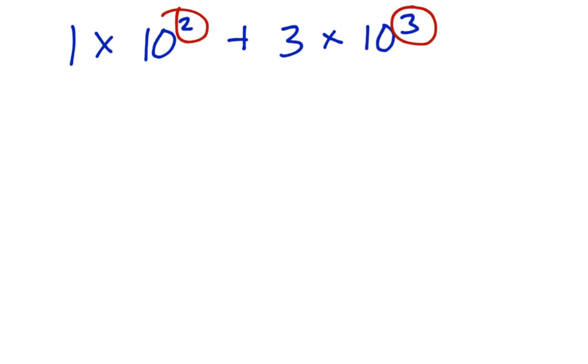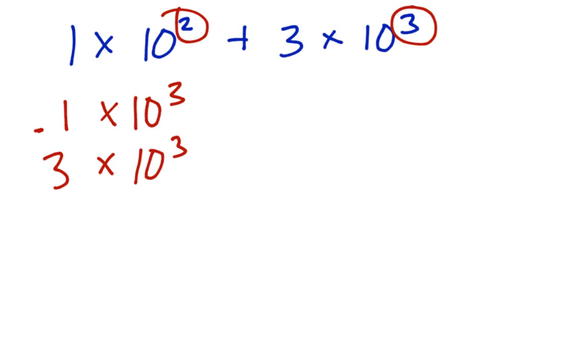So instead of having 1 times 10 to the second, we're going to express this as something times 10 to the third. Now the rule is if the exponent goes up, the number must be getting smaller. So it's an inverse. Exponent went from 2 to 3, that's going up, so the 1 needs to go to 0.1. Now we can add these two values up. 3 times 10 to the third plus 0.1 times 10 to the third is 3.1 times 10 to the third power.